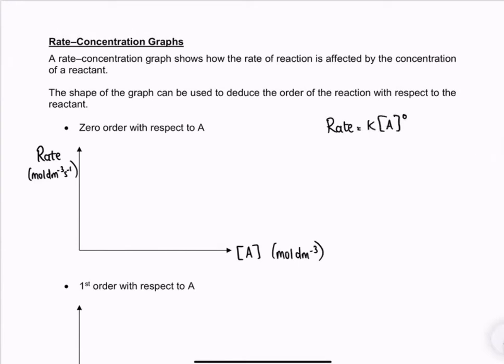If you put A to the 0 into your calculator, what you get is the number 1, so rate is just equal to k. What we're saying there is that the concentration of A has no effect on the rate. The rate is independent of the concentration of A. So have a think about what that means and what that graph might look like.